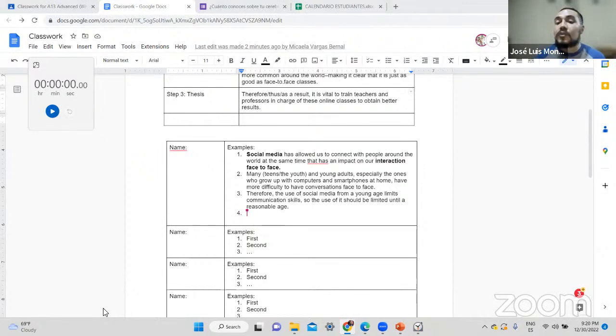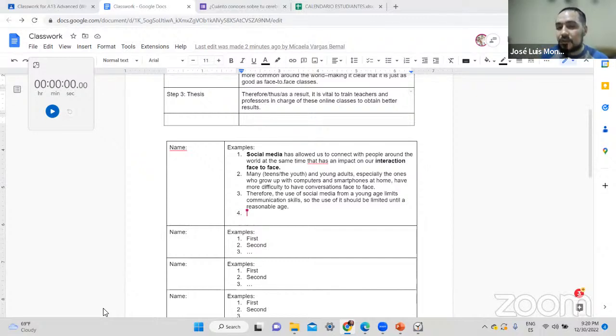Or you can show benefits of waiting until using social media, or you can show disadvantages of using social media before that age. So you have a broad amount of things that you can use just because of the thesis statement that you choose. So to me, it is good.